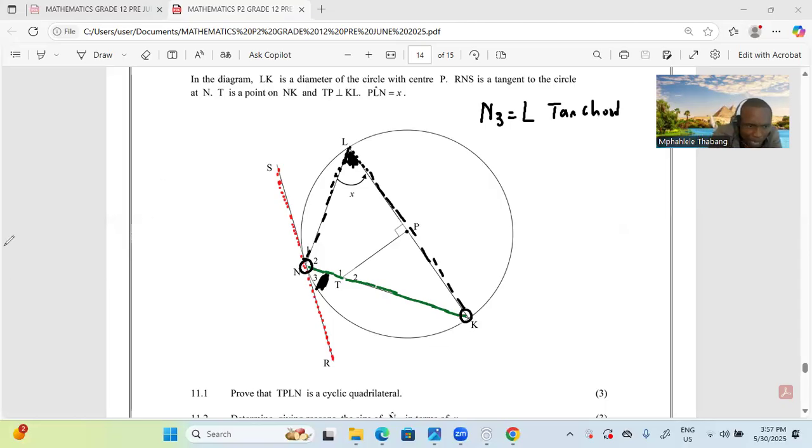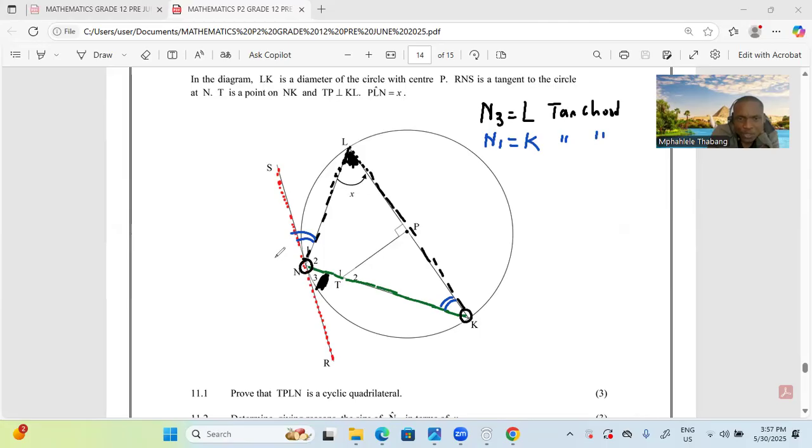And if you apply the tan chord theorem, you will also see that the angle N1 is equal to the angle K. So you write down this information: N1 equals K, tan chord, before you rush into answering the problem.